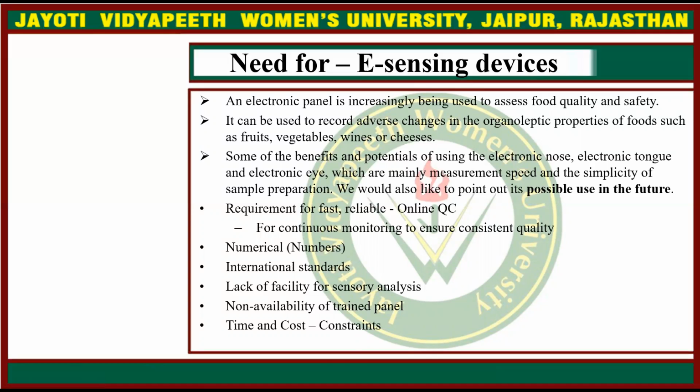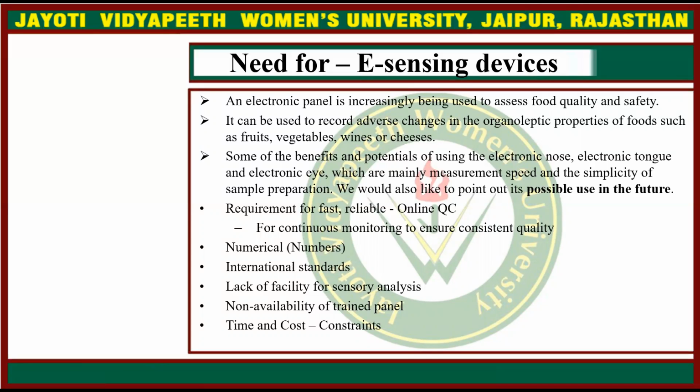Need for e-sensing devices. An electronic panel is increasingly being used to assess food quality and safety. It can be used to record adverse changes in the organoleptic properties of foods such as fruits, vegetables, wines, or cheeses. Some of the benefits and potentials of using the electronic nose, electronic tongue, and electronic eye are mainly measured speed and the simplicity of sample preparation.